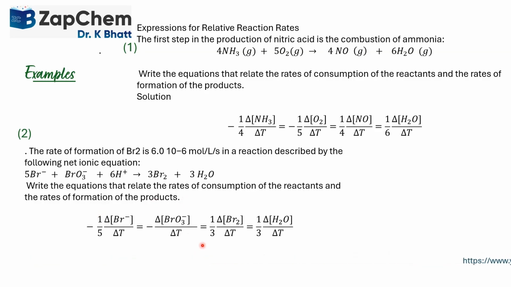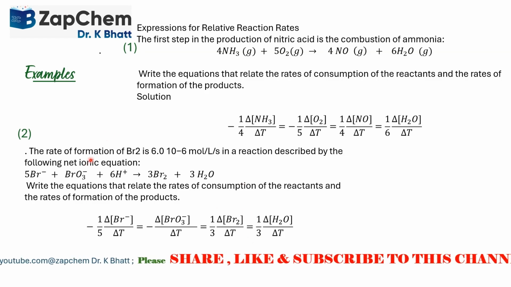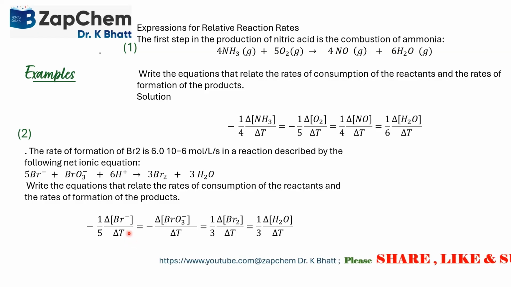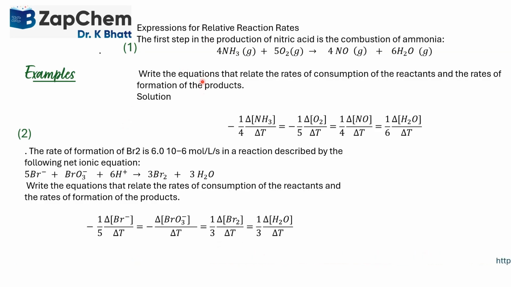If you represent it with respect to the change in concentration of the product, it is positive. And the coefficients, if any, in the stoichiometric relations come in the denominator. With all these considerations, it becomes very easy for us to write down the relative reaction rates or average reaction rates.